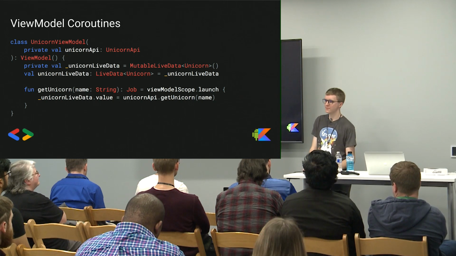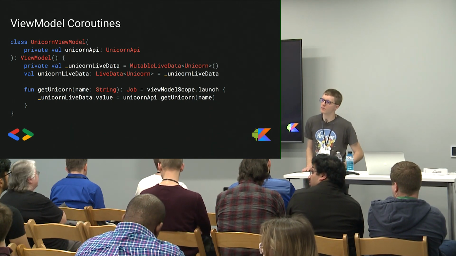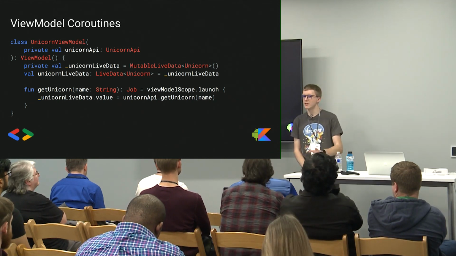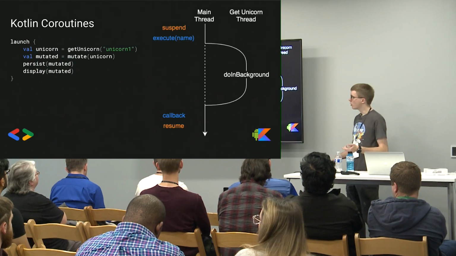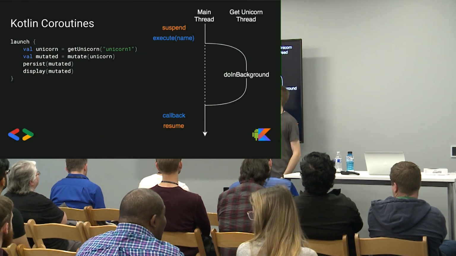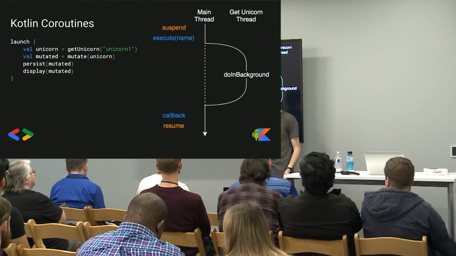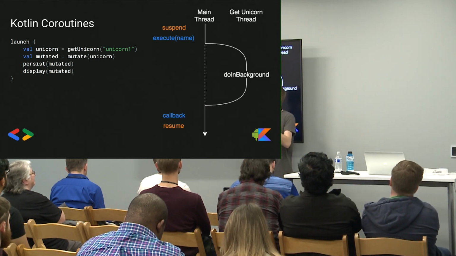Any other questions? Can you change functions in RX Java though? So you can, with some mechanisms. Well, the whole point of coroutines though is that this is in essence chaining your functions, right? Because you're saying wait for get unicorn to finish. It's like standard synchronous code where you don't need to observe the completion or use a callback for the completion.